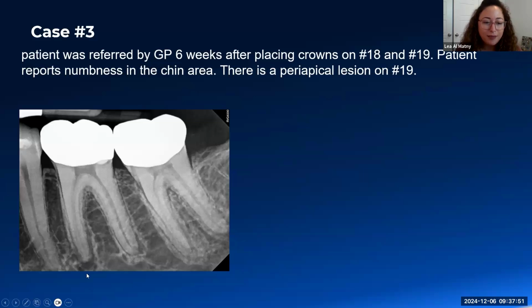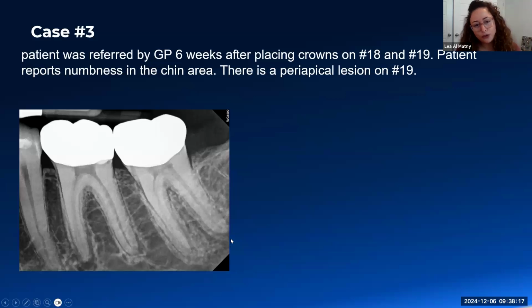We can see a periapical lesion around the mesial and distal roots of number 19. We see thickening of the lamina dura around the roots. We also see thickening of the lamina dura around the mesial root of number 18, and maybe apical PDL space widening on 18, but the distal root is cropped, so I couldn't really tell.